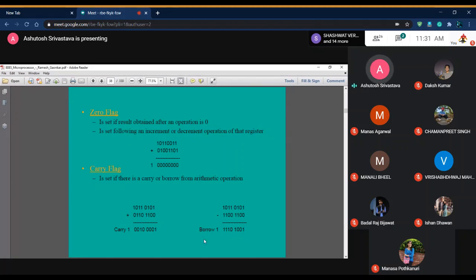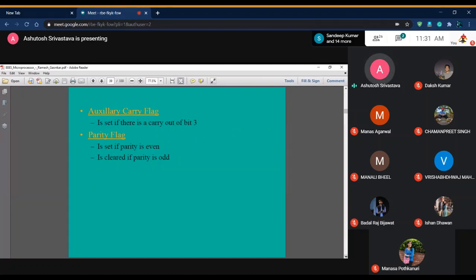And when you're talking about simple carry, then it is reflected on this bit, or your 7th bit. The parity flag, when we are talking about even, is set, and if it is odd it is cleared.